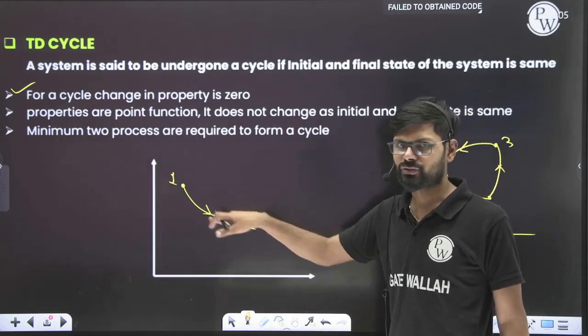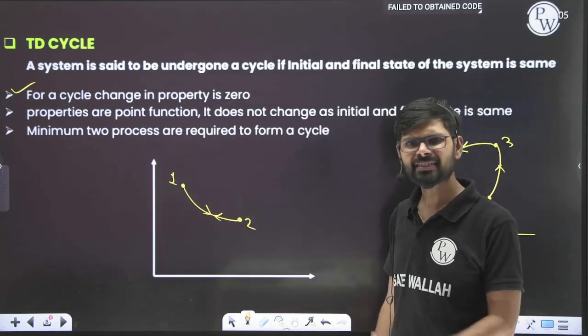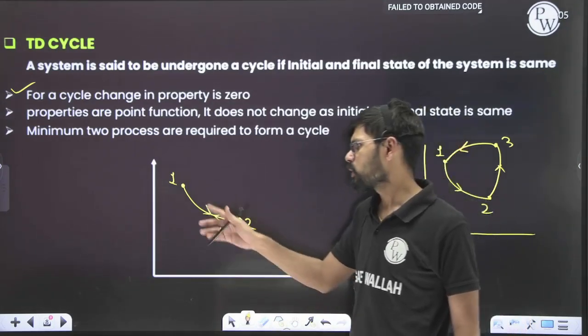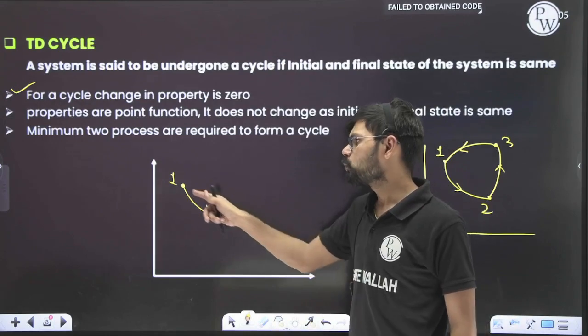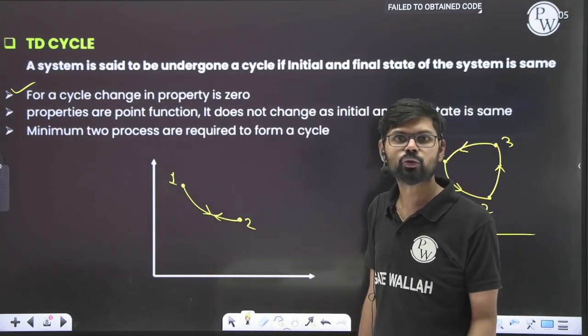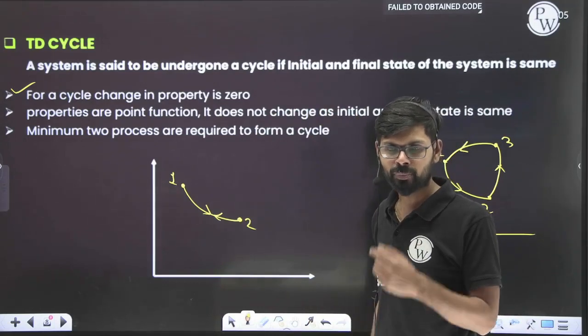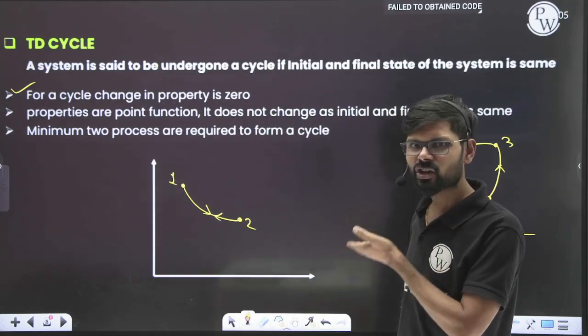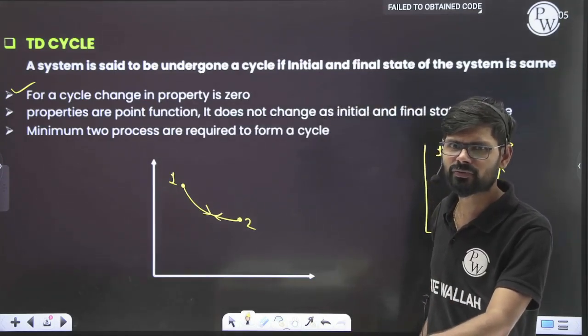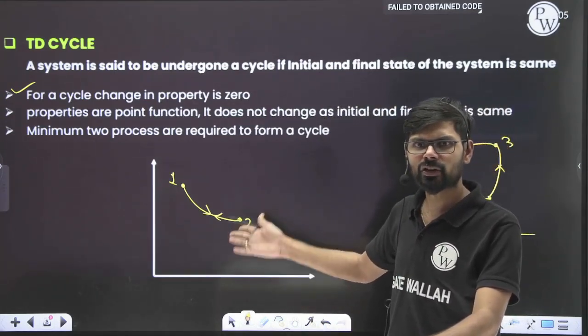It's also meaningless, because you move from 1 to 2 and again 2 to 1, and nothing changes in the universe, you are at one state only. The second point is that reversing in the same process is not feasible also.